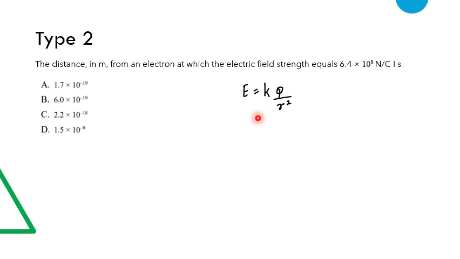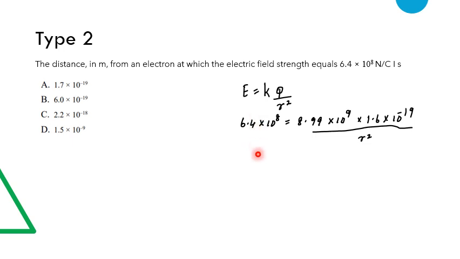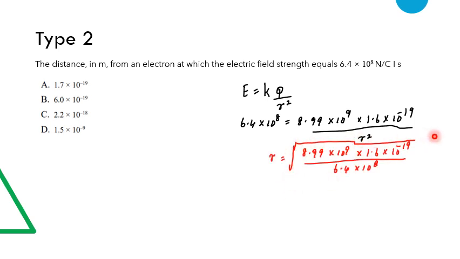Substituting the data given to us, we get 6.4 times 10 to the power 8, which is E, equal to Coulomb's constant times charge of the electron divided by the square of the distance. Making r² the subject, you get the expression I have written here, and the value for r would be 1.45 times 10 to the power minus 9.